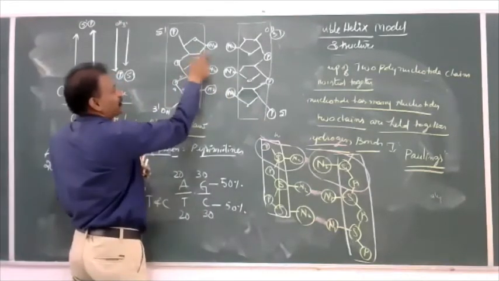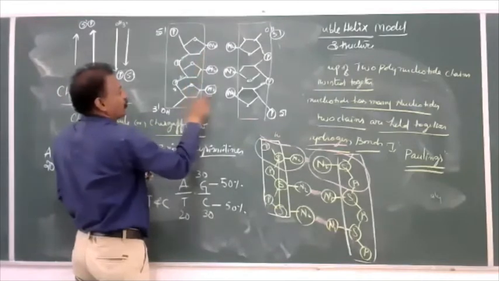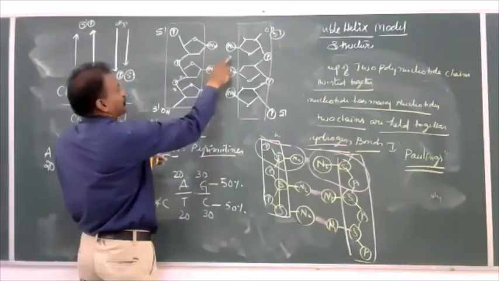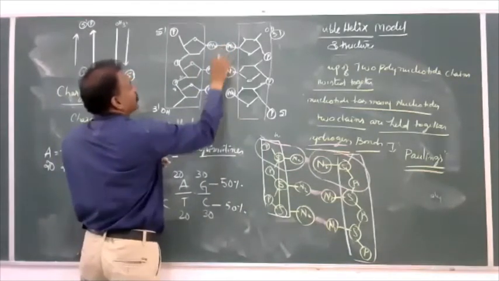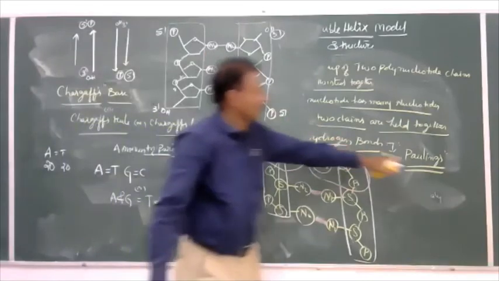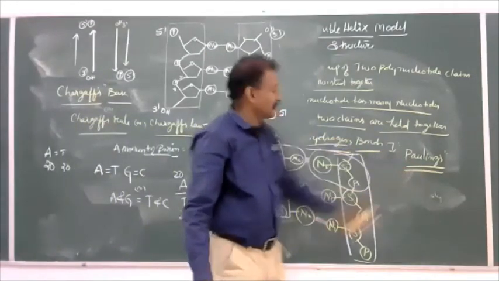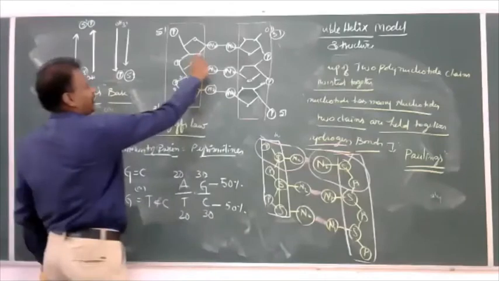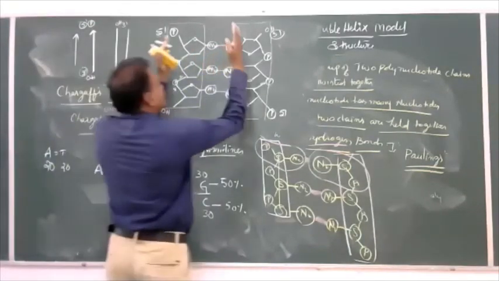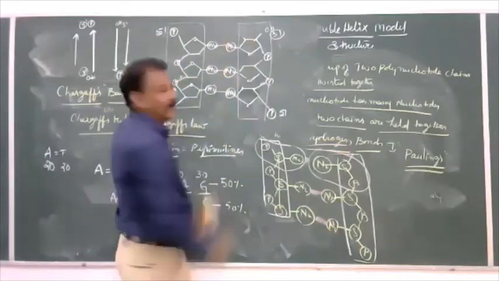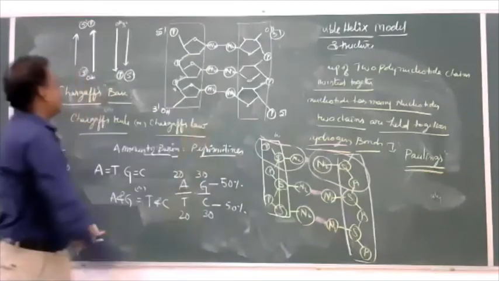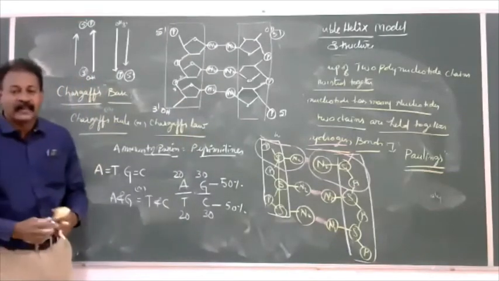Inside, the N2 bases are projecting, and between two N2 bases there is a hydrogen bond, as per Pauling's hydrogen bond proposal. So always between N2 bases hydrogen bonds exist. Because of these hydrogen bonds, the two chains are held together, and this direction is called parallel and anti-parallel.